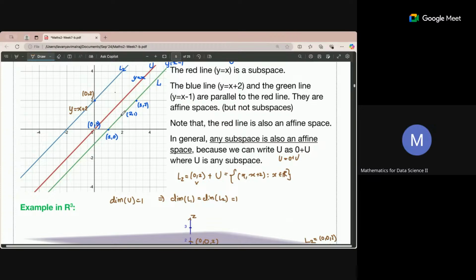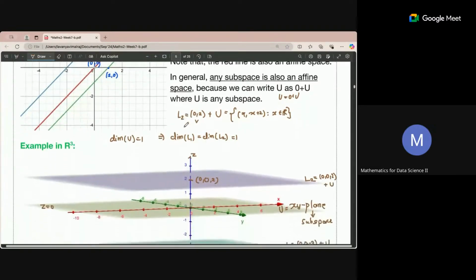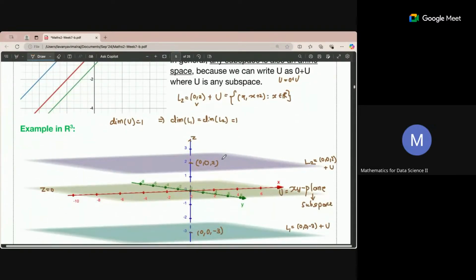Plane only has dimension 2 and lines always have dimension 1. Same way here, you see that a plane is just translated into another plane. It did not transform into R3 or anything bigger than a plane. So the dimensions remain the same. That is how we are defining it first of all.